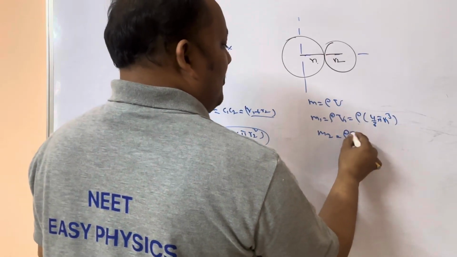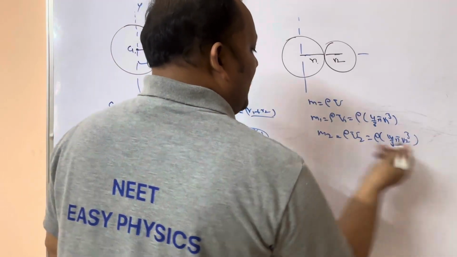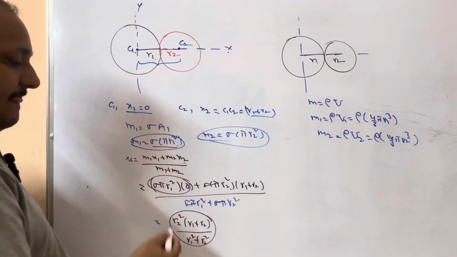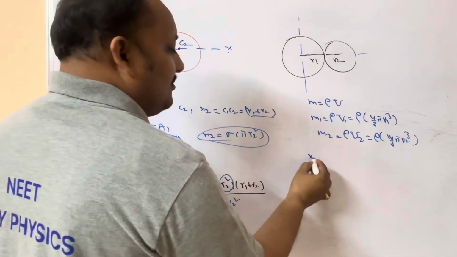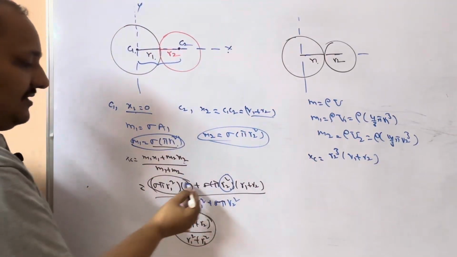M2 is rho V2, rho 4 third pi R2 cube, because for spheres volume will be there. If you substitute in this formula, in place of R2 square you are going to get R2 cube. Directly I am writing R2 cube. So this is R1 plus R2 only.